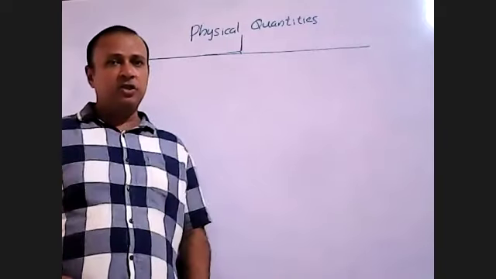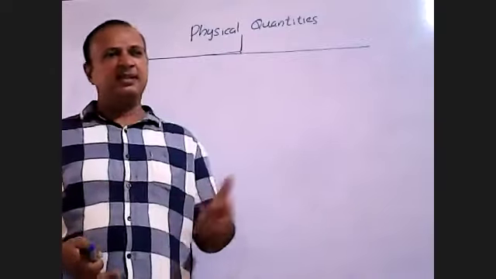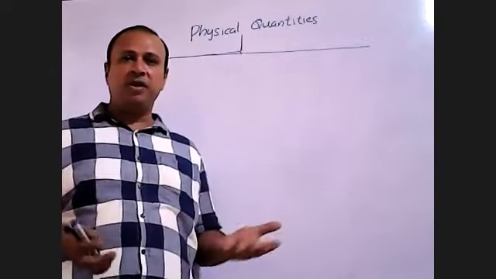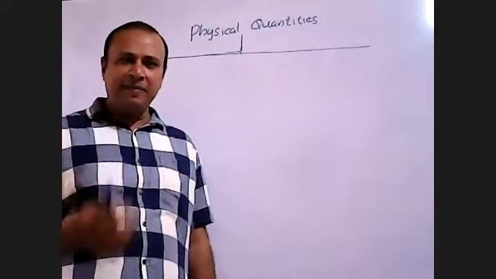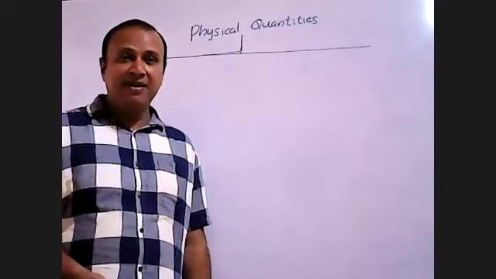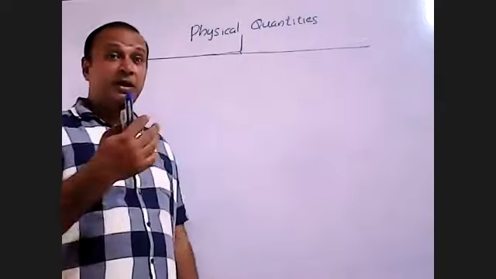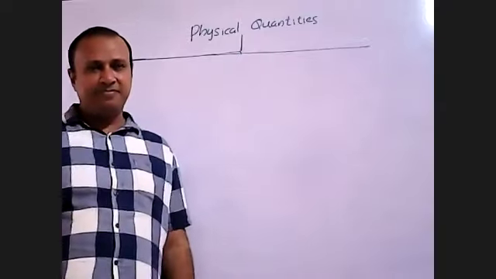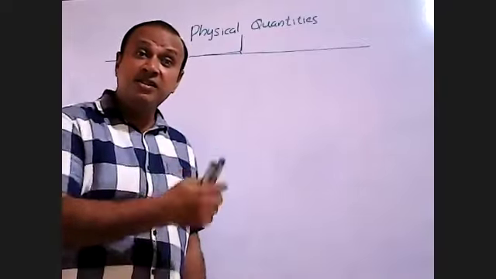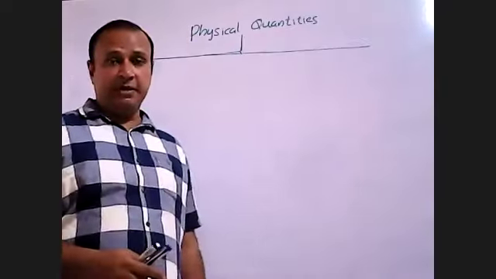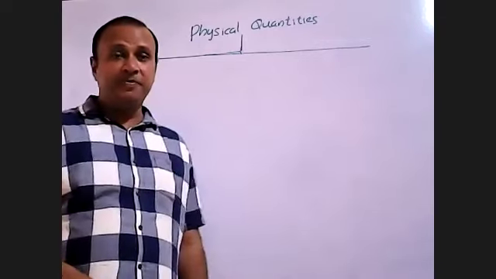Some physical quantities have both unit and dimensions, such as velocities, displacement, mass. It has a dimension as well as a unit. Unit of mass is kilogram. Dimension of mass is M. The unit of density is kilogram per cubic meter. Then the dimension is M L minus 3.